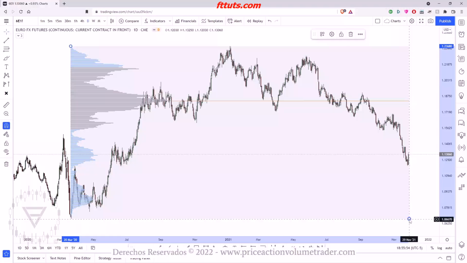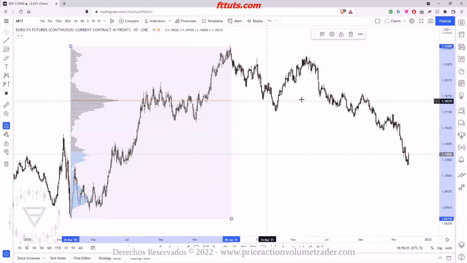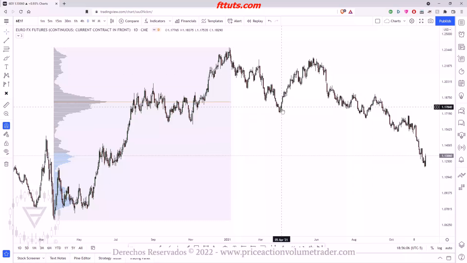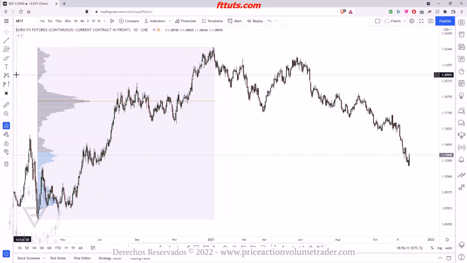Okay, but let's say, even if we take it up to here, just for this section, and now we want to analyze how price reacts in the future coming into these profiles. This is something I recommend all of you do to practice.